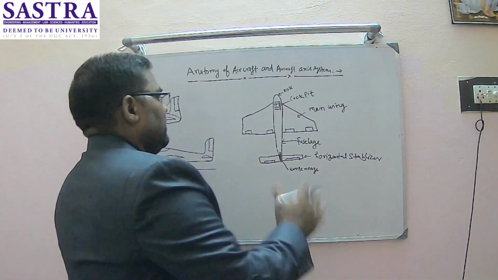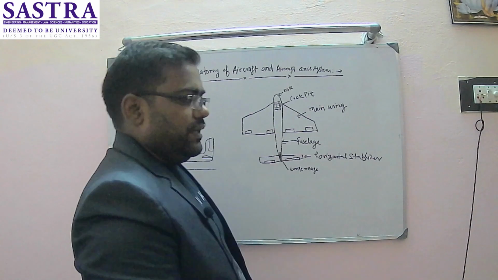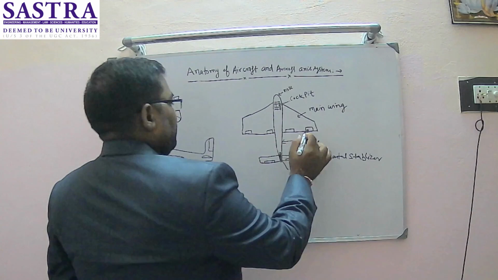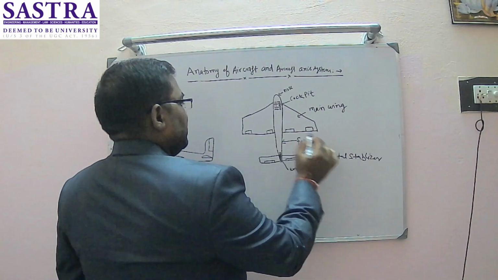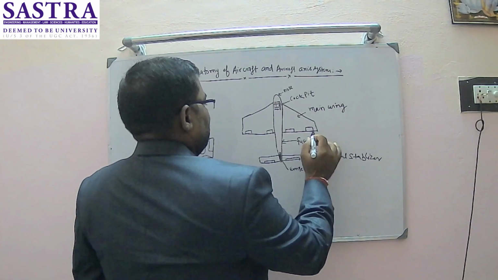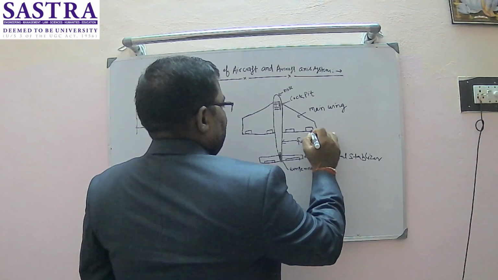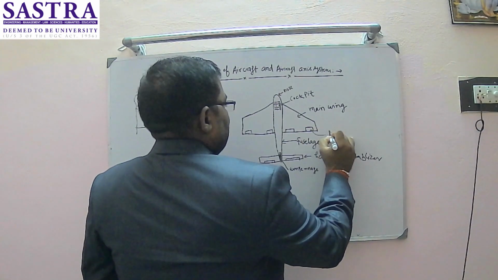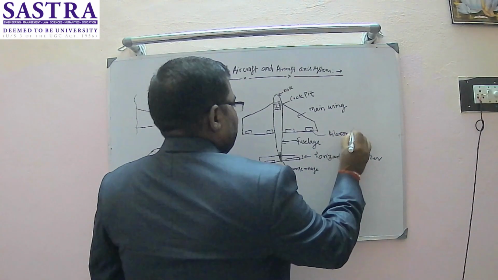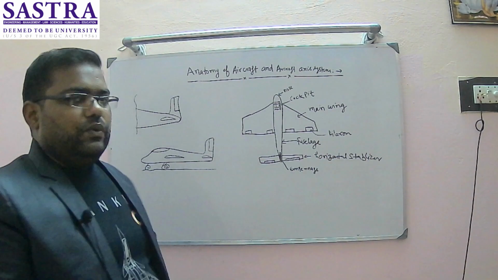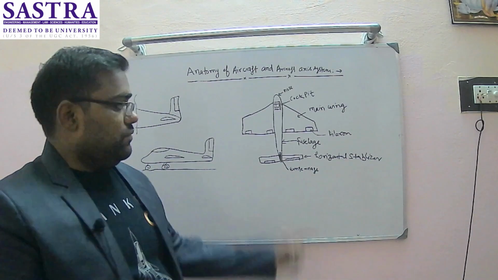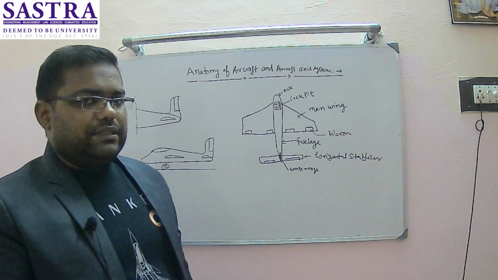If we look at the detailed view of the wing, you see that movable control surfaces are present. The control surface nearest to the tip of the wing is known as the aileron. I will tell you the functioning of all these control surfaces later on.